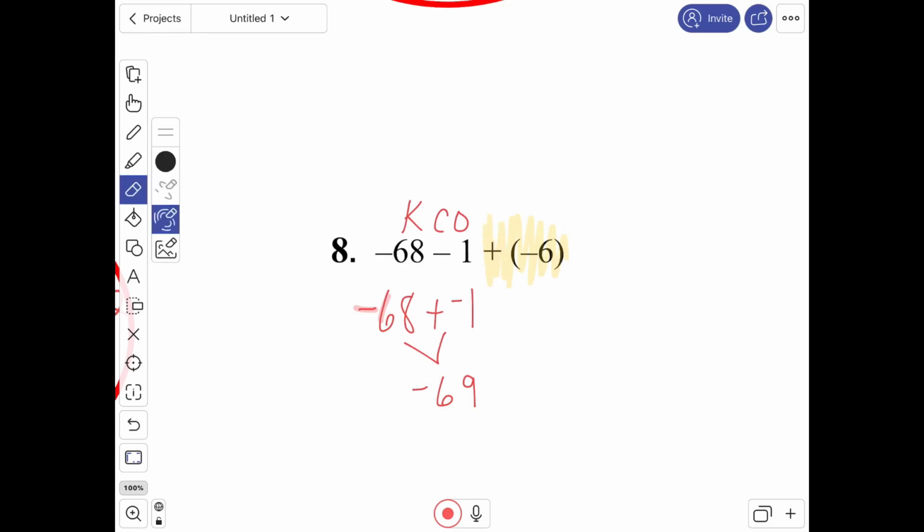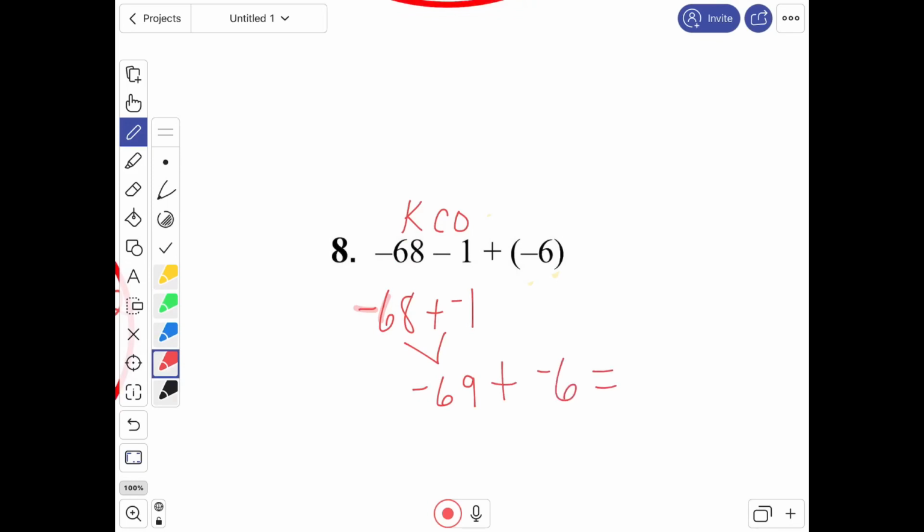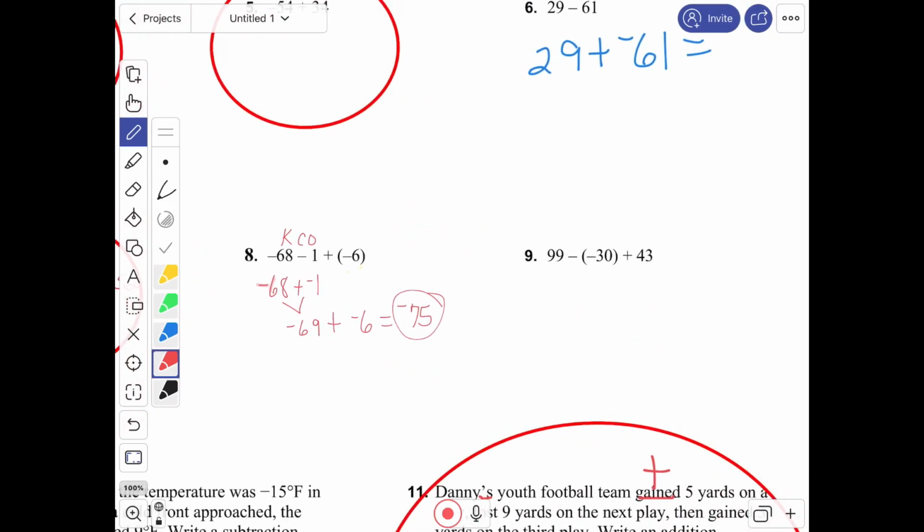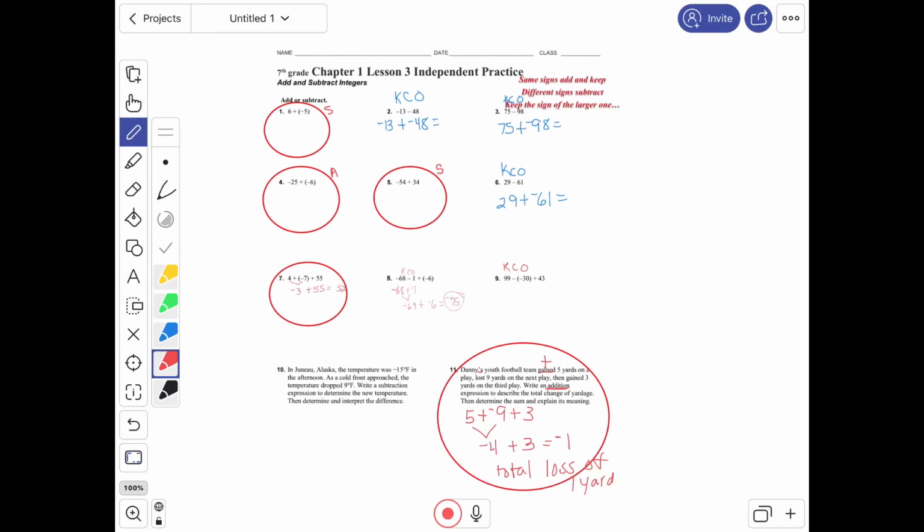And then we can do that last part. Plus negative 6. Same signs, add and keep the sign. So that would be negative 75. And you see if you can do the next one by yourself. Remember, on this subtraction part, you're going to keep, change, opposite.